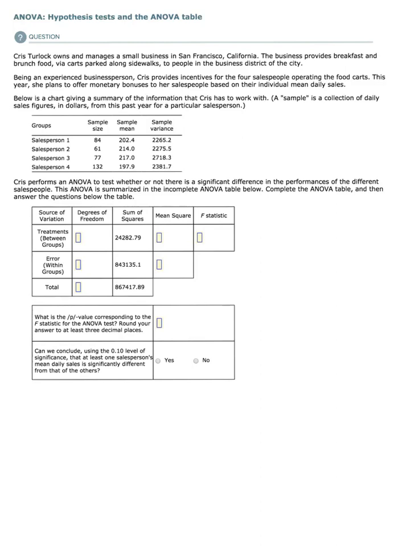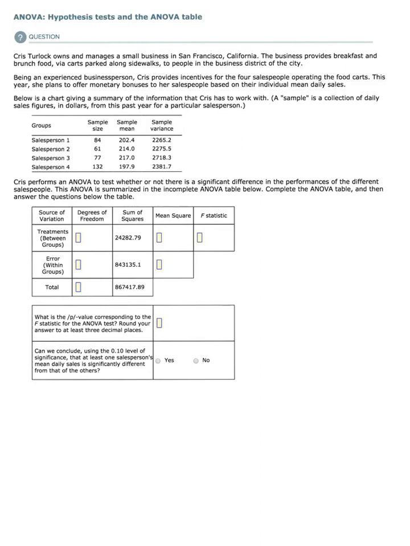A sample is a collection of daily sales figures in dollars from this past year for a particular salesperson. There are 4 groups: salesperson 1, salesperson 2, salesperson 3, salesperson 4. Sample sizes are 84, 61, 77, and 132 respectively.